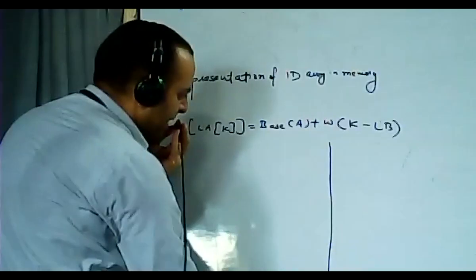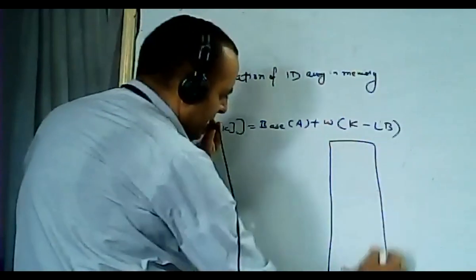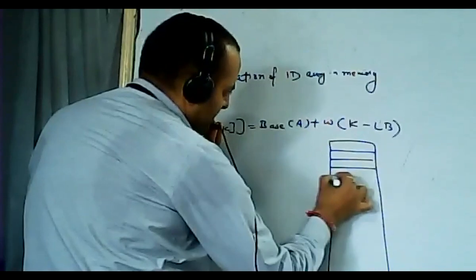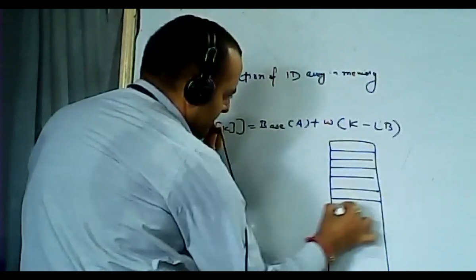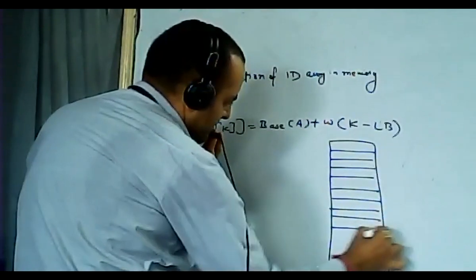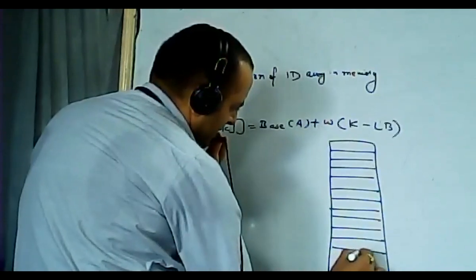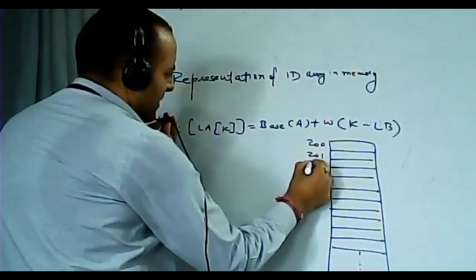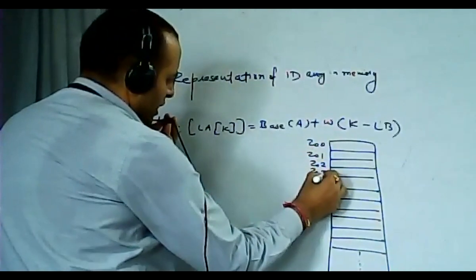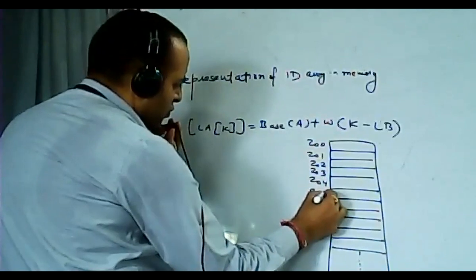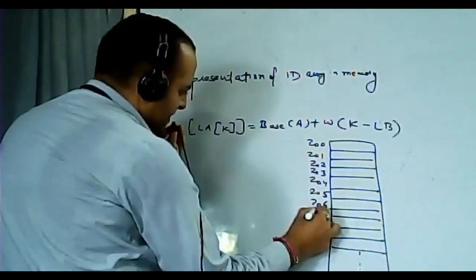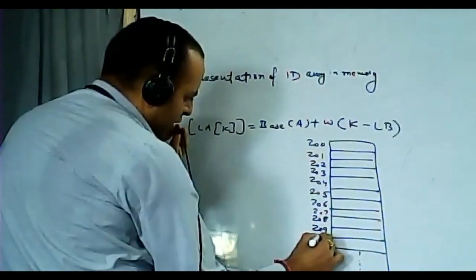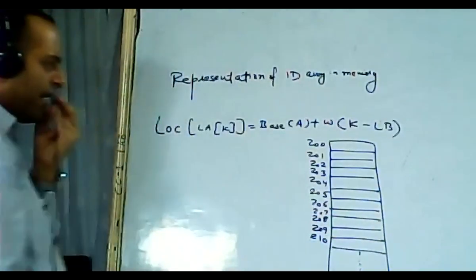So I have my memory here. This memory has different locations. And so on. So this is 200, 201 memory address, 202, 203, 204, 205, 206, 207, 208, 209, 210, and so on. Okay?